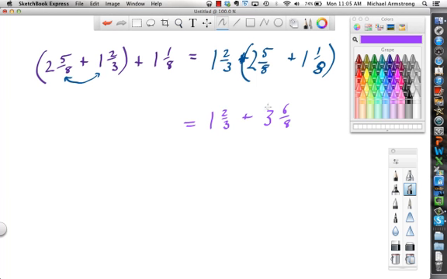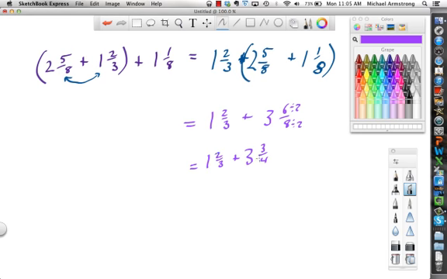Okay, and there's another neat thing I could do here. I could remember that 3 6/8 is really the same thing as 3 and, if I divide this by 2 and divide that by 2, 3 and 3/4. Okay, simplify that down to 3 3/4 is kind of a good way to do that.